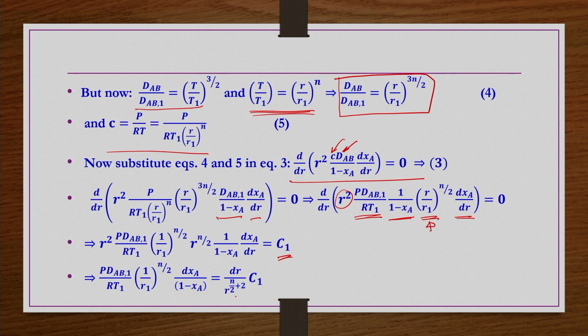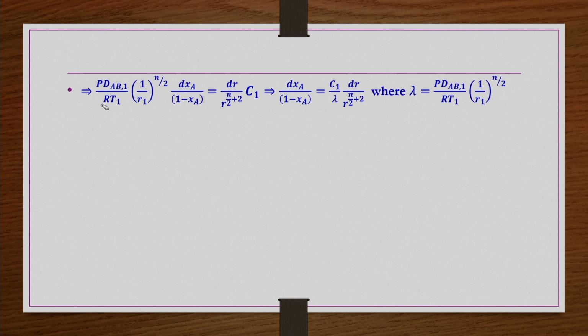So R power n by 2 plus 2 we take to the right hand side, and dr also. We get dr by R power (n by 2 plus 2), C1 in the right hand side, and all other terms in the left hand side. In the left hand side, except dXA by (1 minus XA), everything is constant. The same equation is written here.